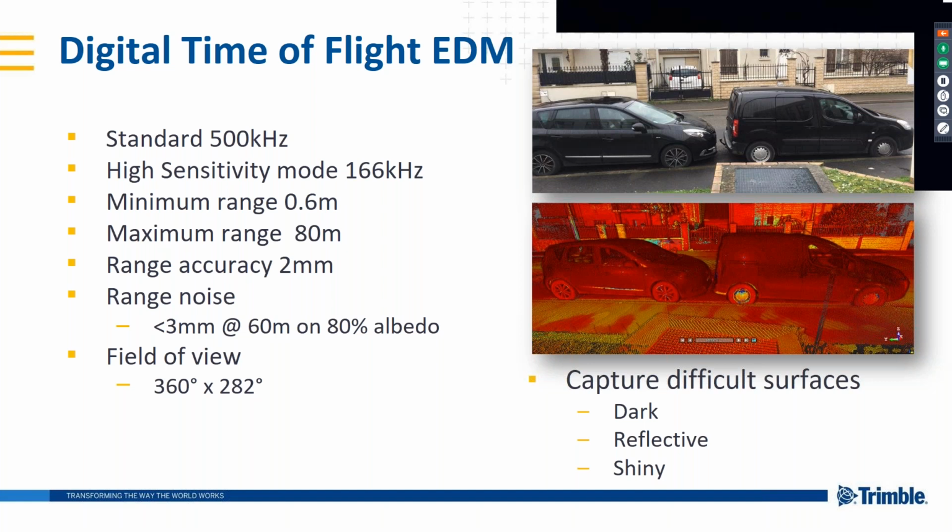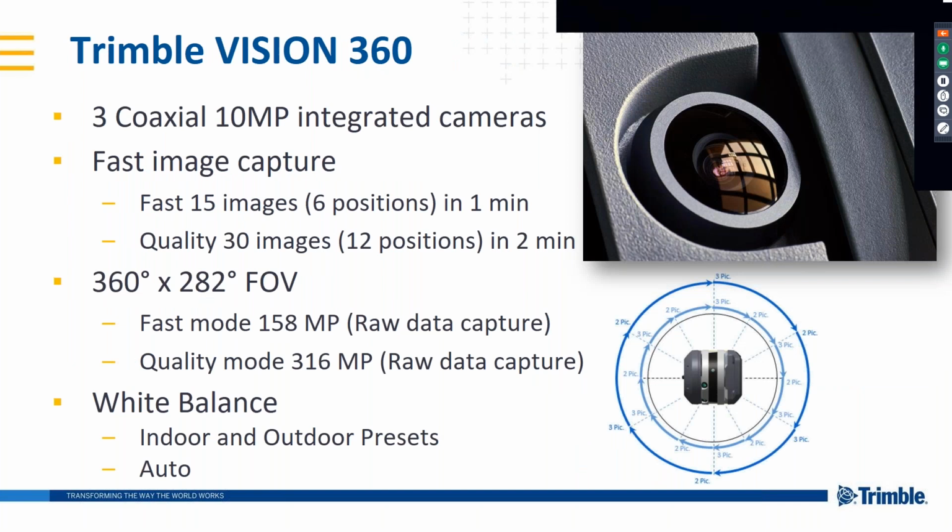So it's kind of an effort to try to give the user more capability to capture some of these surfaces that might be difficult to do. The scanner has 3 coaxial integrated cameras. They are coaxial. They're not concentric, so they're not sitting right in the middle, but by having them coaxial and the way we do it, we are minimizing the parallax. And you have 2 modes that you can capture image.